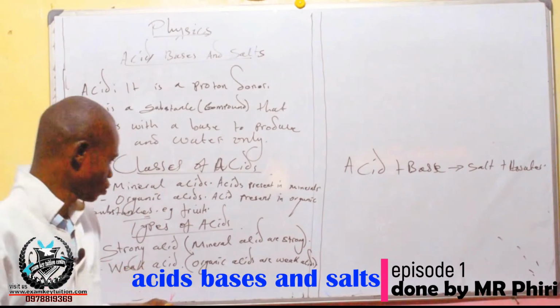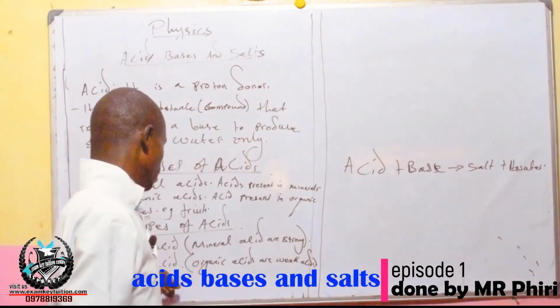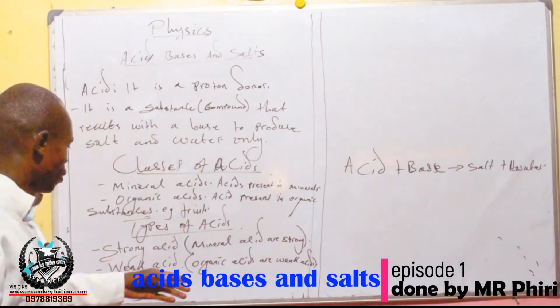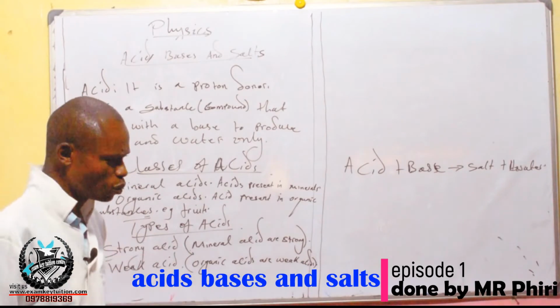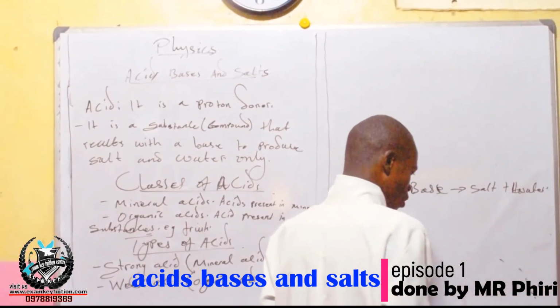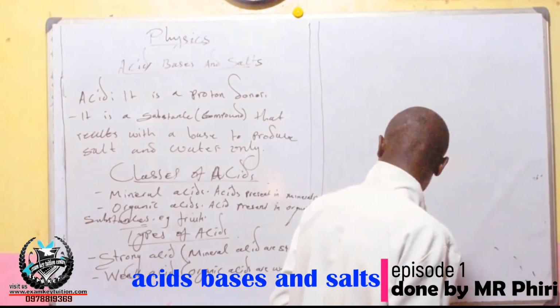Hope you have understood that one. But we need to understand the science behind strong and weak. Why do we call them strong and why do we call them weak acids?